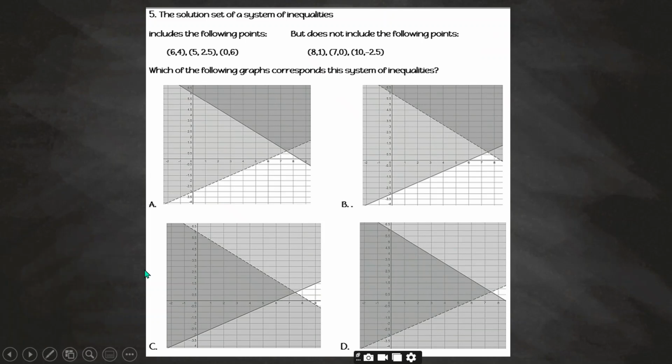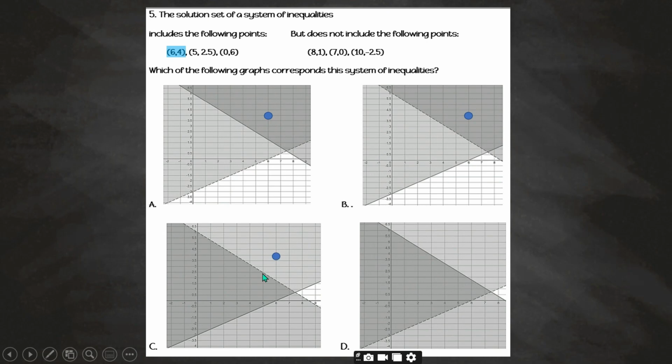So now we're going to look at question 5. And this is the one where we're given solution points, or the following points. So what I recommend doing is just plotting these points on a graph and seeing if it's true. So if I plot the point 6, 4 on the graph, that does fall in the darkest region.